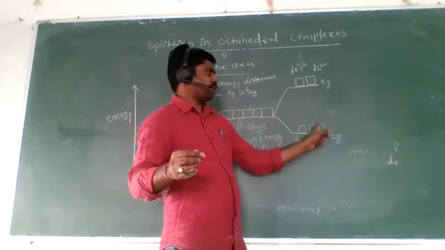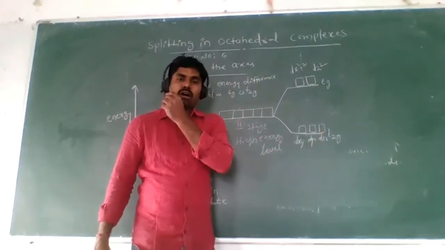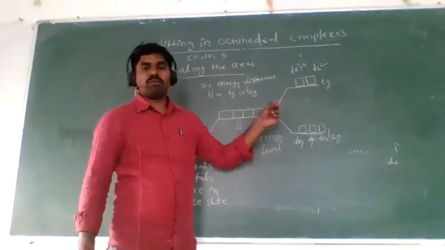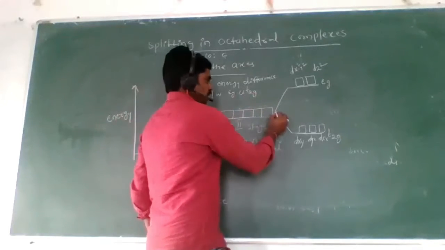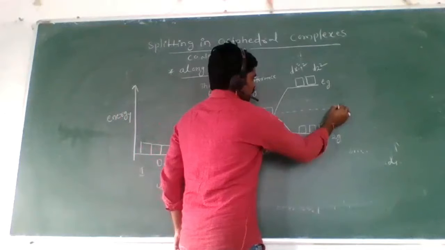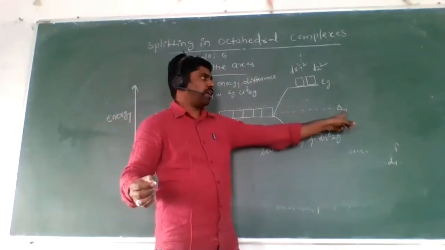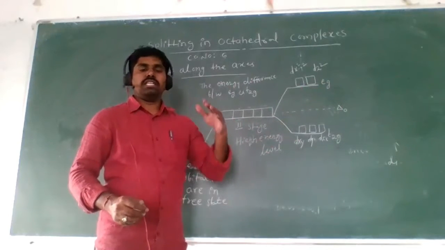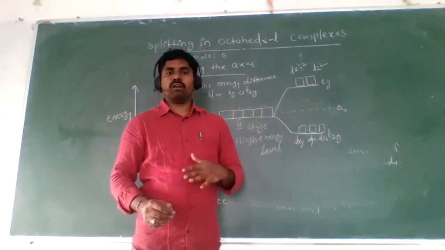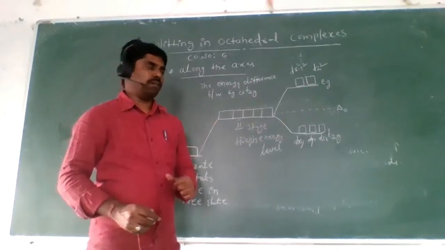The energy difference between the Eg and T2g we call the octahedral splitting of energy. What is that? Octahedral splitting energy, which we indicate by delta naught. That is the octahedral splitting of energy. The energy difference between the Eg orbital and T2g orbital, we call the octahedral splitting of energy.